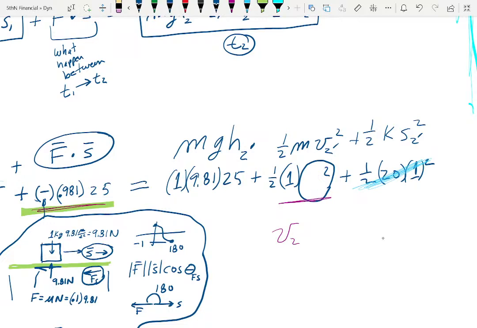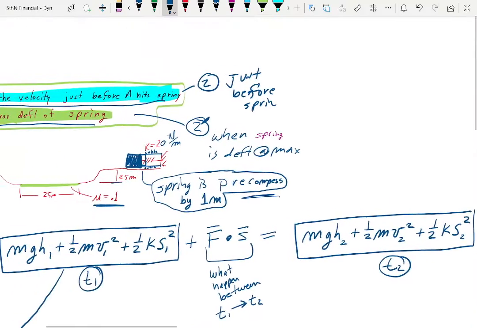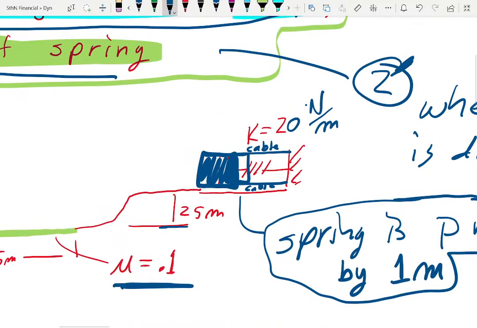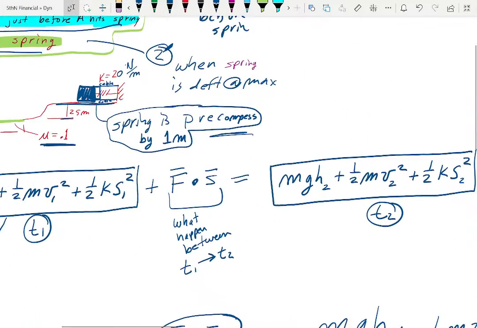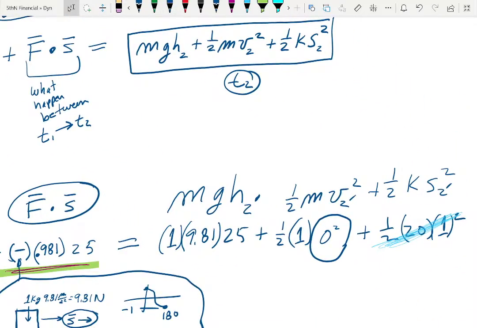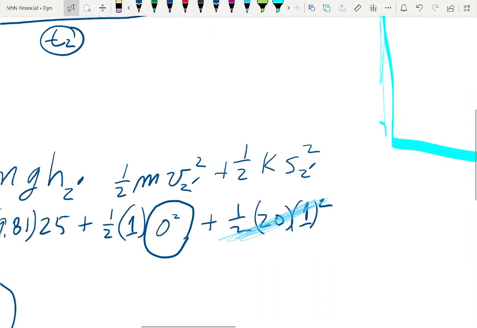V2 primed would be 0 at the maximum. It would be compressed to the point where the velocity would stop and it returns. What would H2 prime be? Well, they're both at 25 meters, so that's the same energy state. What is the compression? I don't know. That's the key there.